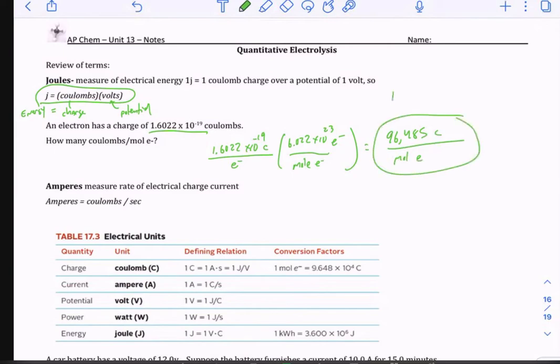This is what we call a Faraday. A Faraday is a set value. It's the charge per mole of electrons, which is going to be very useful to us.